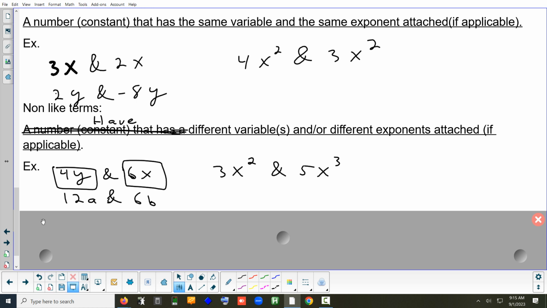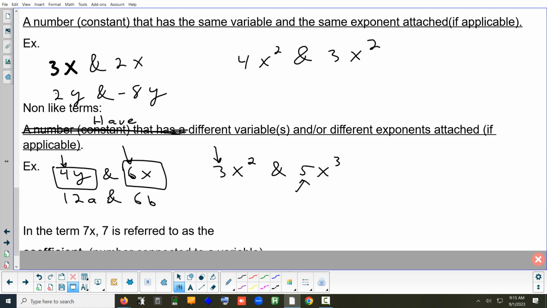It's important to know what non-like terms and like terms are when we talk about combining them together. And you did some of that on the 10 questions I just gave you. Now, this number here, the 3, or the 5, or in this case the 6 or the 4, that number has a special name. Does anybody know what you call the number? Coefficient? Yep, that's called a coefficient.